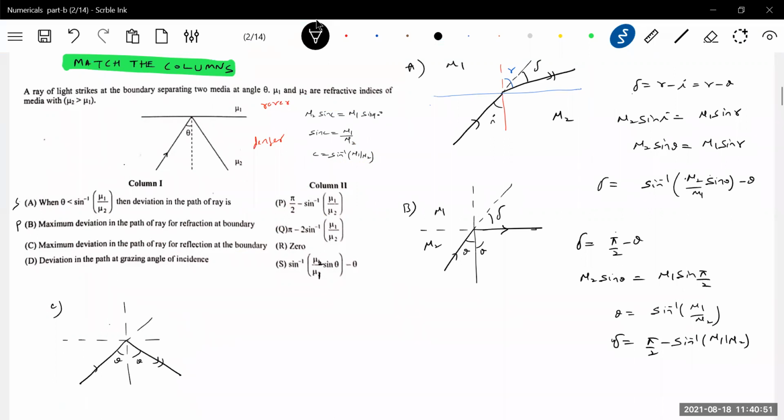This should be pi minus 2 theta, it actually the ray will undergo TIR here. 180 minus 2 theta, so the deviation will be 2 theta. So here mu2 sine theta equal to mu1.